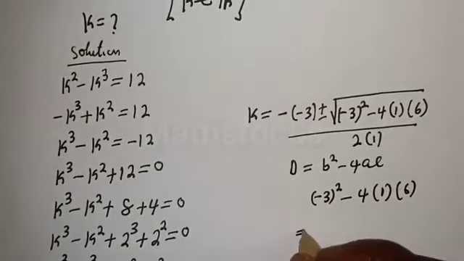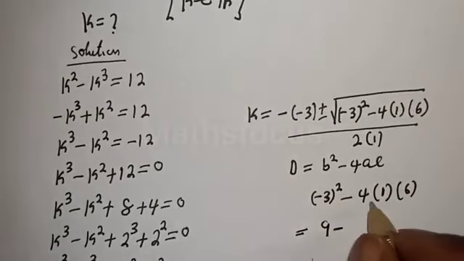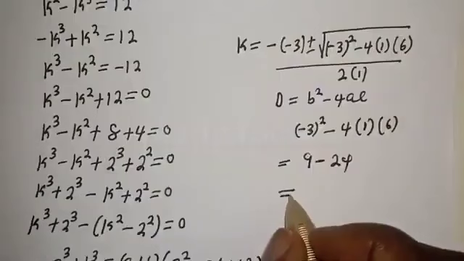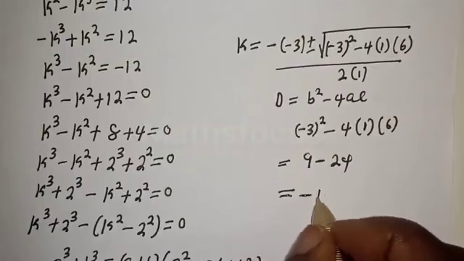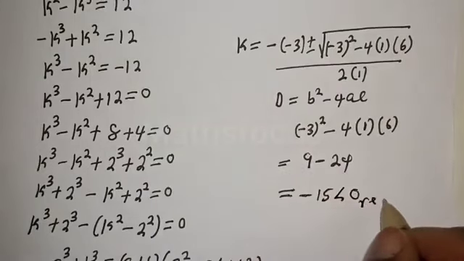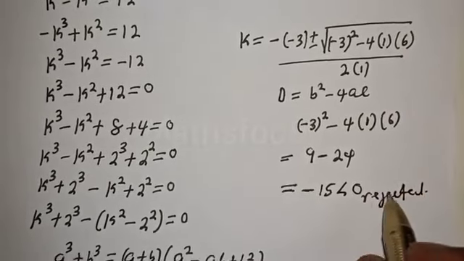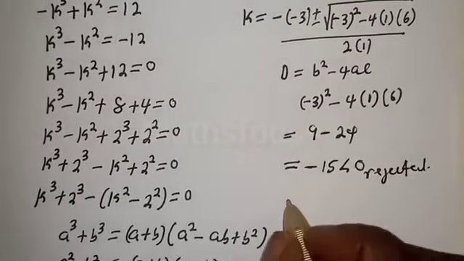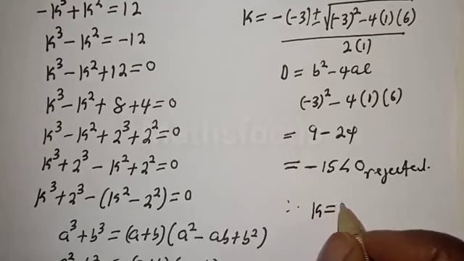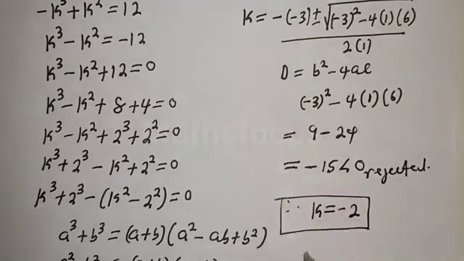Then this is equal to minus 3 square 9 minus 4 times 1 times 6, 24, equal to minus 15, and this is less than 0, so this is rejected because no real solution here. Therefore, the only real solution we have is k equal to minus 2. This is the final answer.